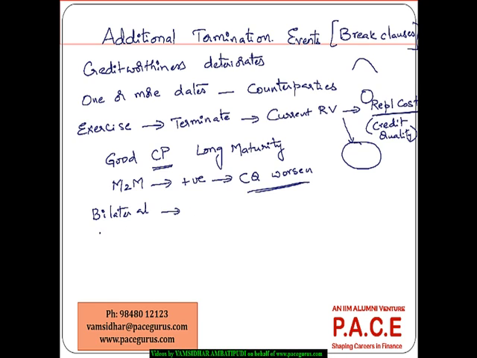And we can put in the break clause some kind of a lockout period, saying that the break clause is applicable only after probably 1 or 2 or 3 years, and then there could be some pre-specified dates. Rather than being on a continuous basis, we can have a discrete set of dates on which the trade can typically be broken. So those are the things that could go as the different aspects.